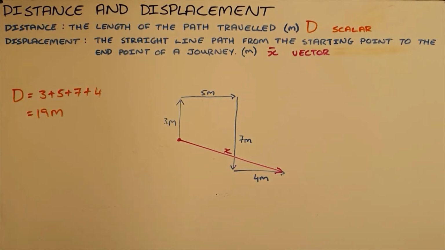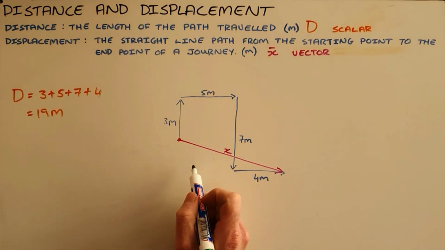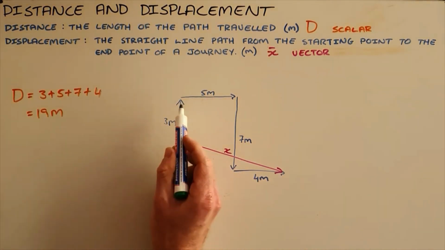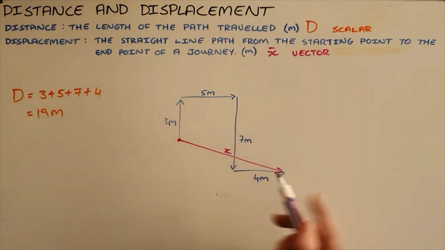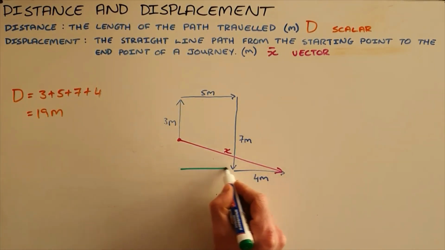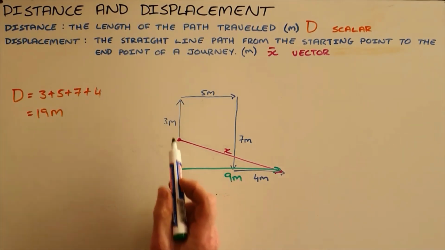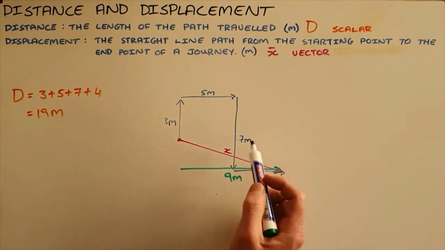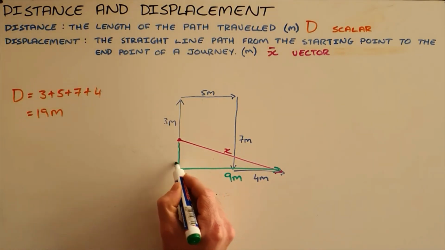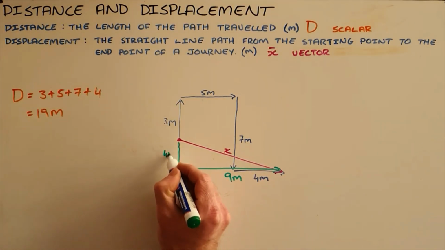We would often be required to use Pythagoras to find the exact value of that displacement, and we can do that by seeing that the displacement to the right is a total of 5 plus 4, which is 9 meters, and the displacement in the vertical plane is 3 minus 7, which would then be 4 meters downward.